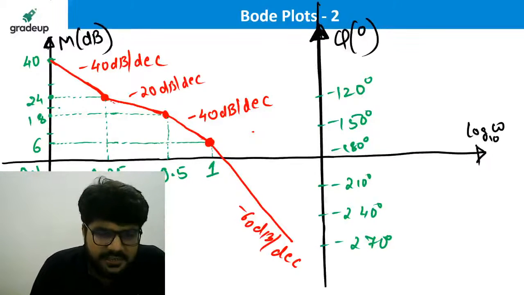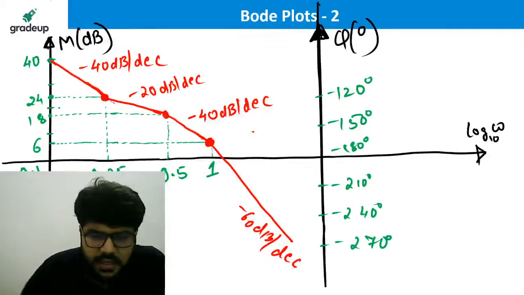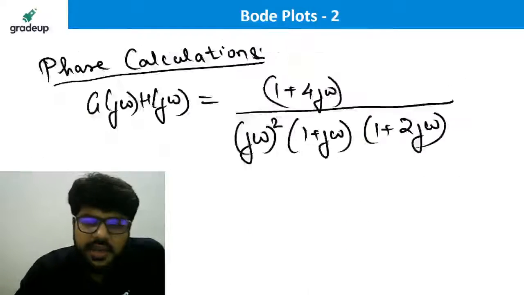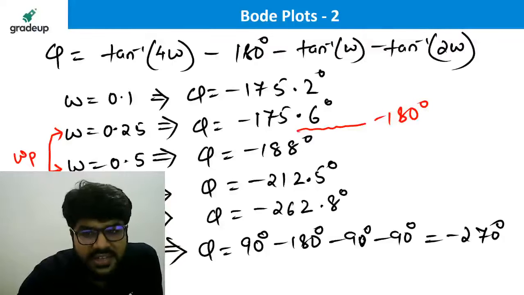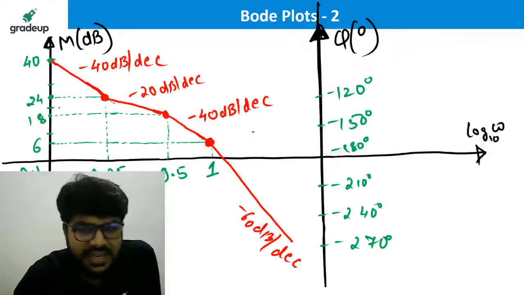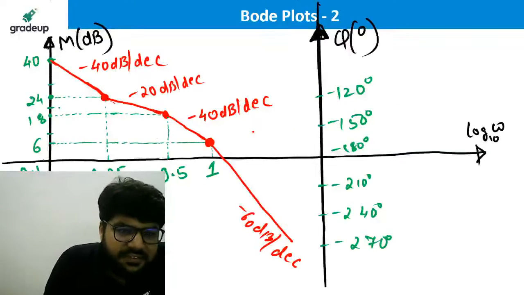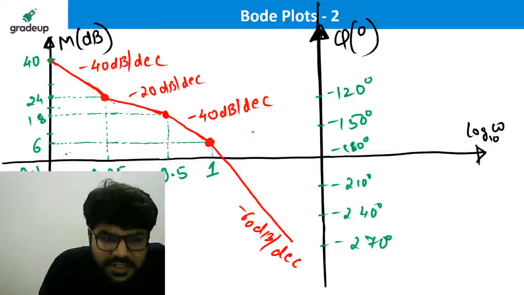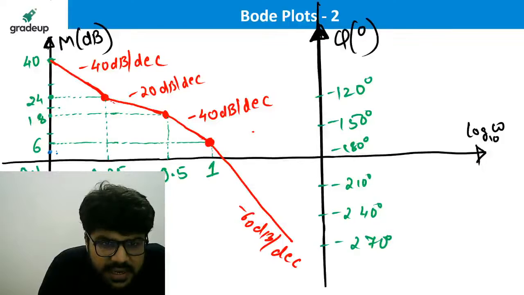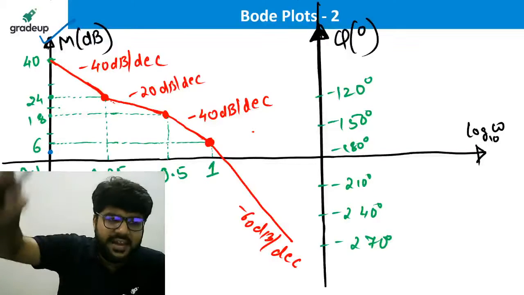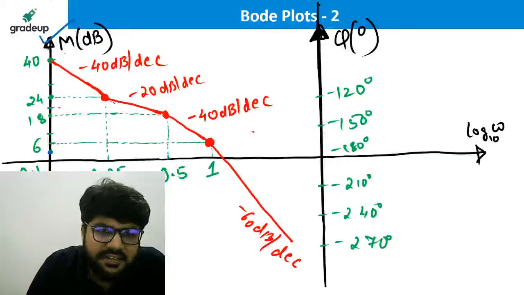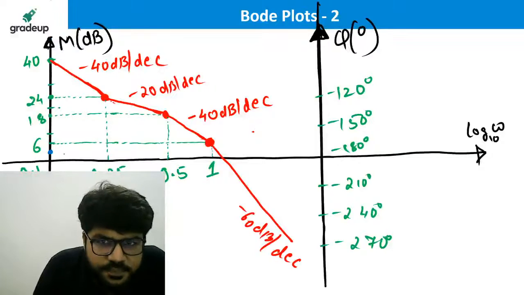Now let's take the phase plot. Phase calculations are there: minus 175.2, minus 175.6, then minus 188. Minus 175.2 and minus 175.6 are both almost close to 180. I told you, this is the only y-axis; the readings are shown on the right side, but this is the y-axis.